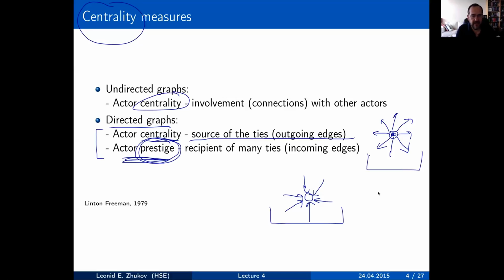Think about the difference between import or export, or sending emails and receiving emails. These are different situations, versus an undirected graph, where we're just counting connections for the node.